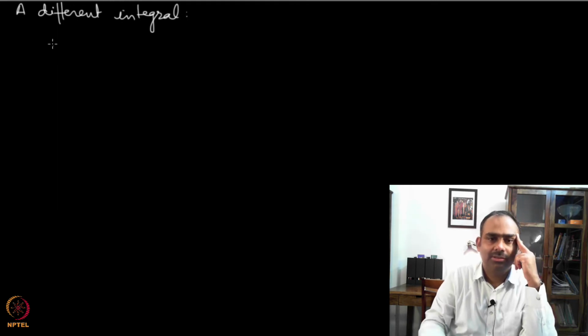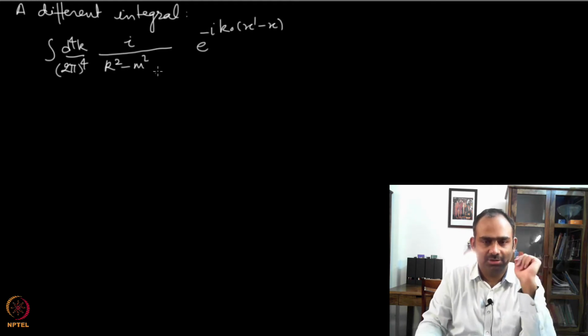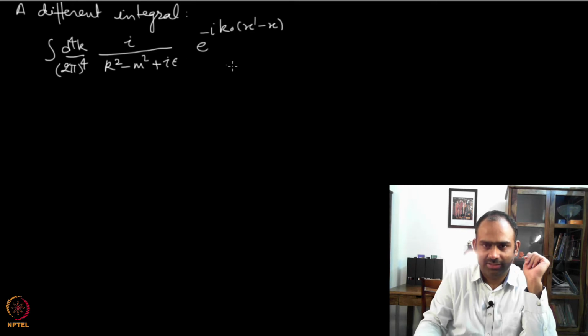So, let me look at this one, d^4k over (2 pi)^4, i over k^2 minus m^2, and e^(-ik·(x' minus x)). This was not defined. So, what I will do is I will put a plus i epsilon here, where epsilon is positive.